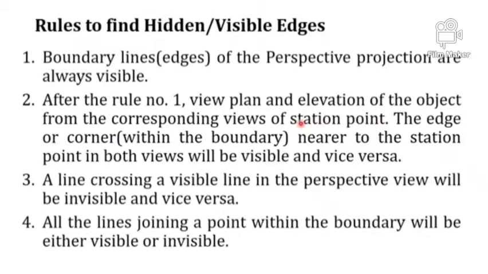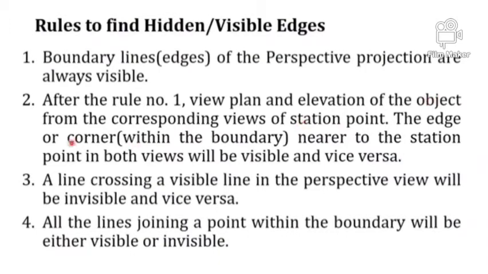That is, from the top view of the station point, view the top view of the object, and from the front view of the station point, view the front view of the object.